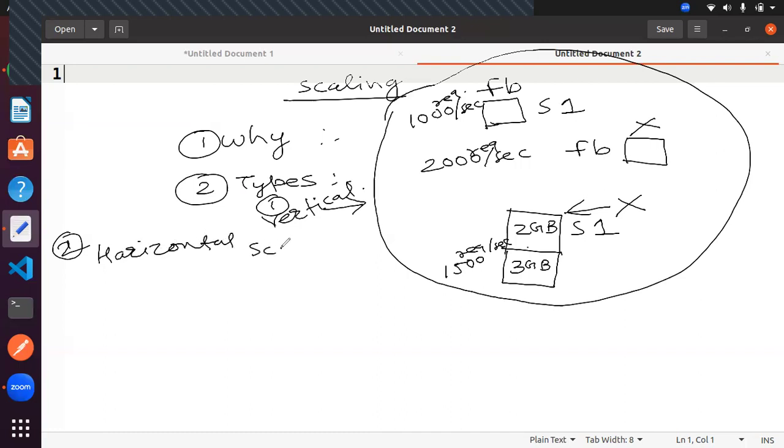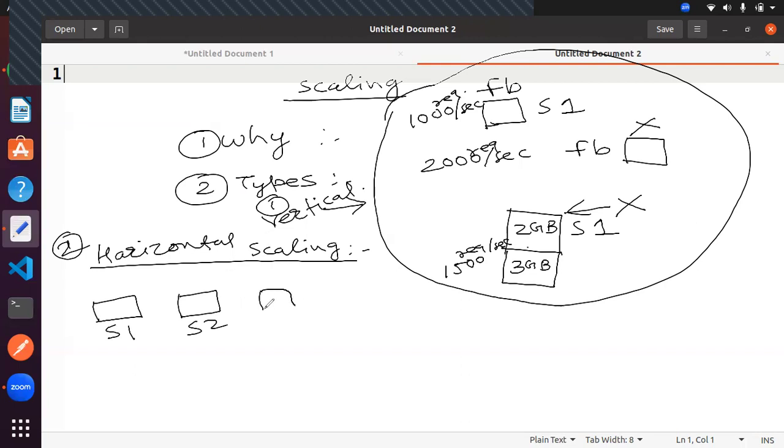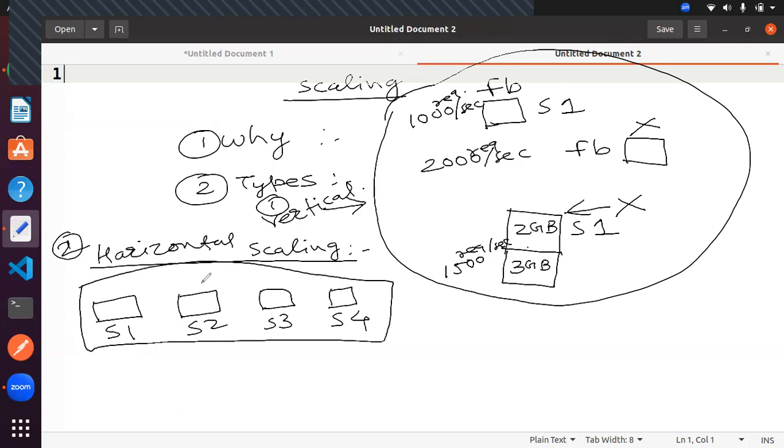Horizontal scaling. Now take the same Facebook application with server 1, server 2, server 3, server 4. Keeping the same servers, duplicating or copying the same server 4 times, so that this application has 4 servers.